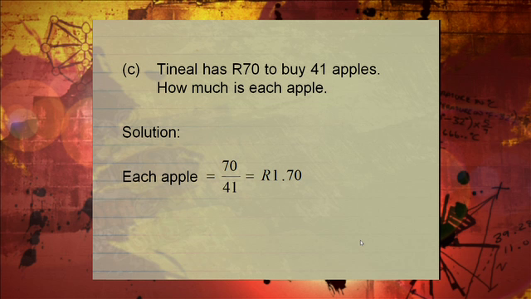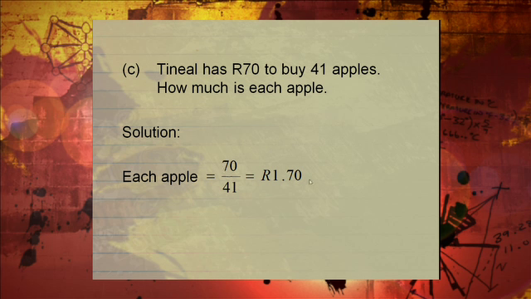Cool. Right. Now, if we go further, we've got Tinil here. And then, Tinil has 70 rand to buy 41 apples. How much is each apple? Okay, look at Tinil, 70 over 41. She does her calculations.